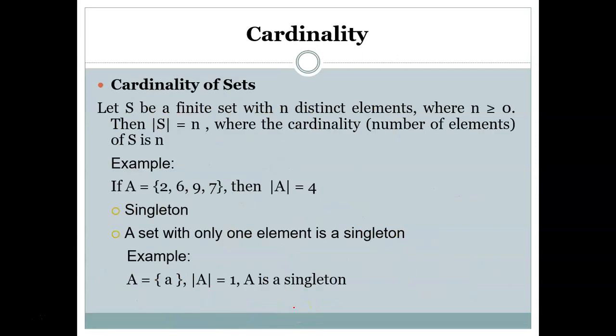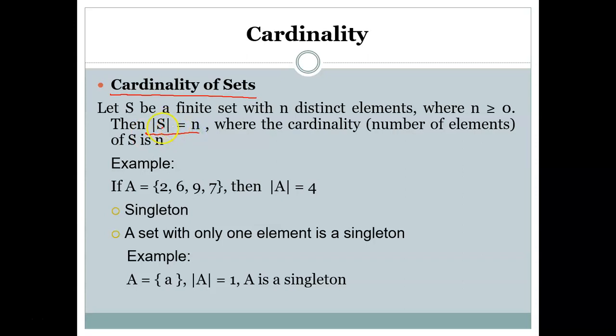The next definition is cardinality of sets. So what do you understand by the cardinality of a set? Let S be a finite set with n distinct elements where n is greater than or equal to 0. Then cardinality of S is denoted like this.